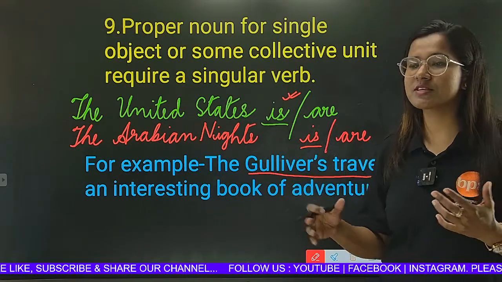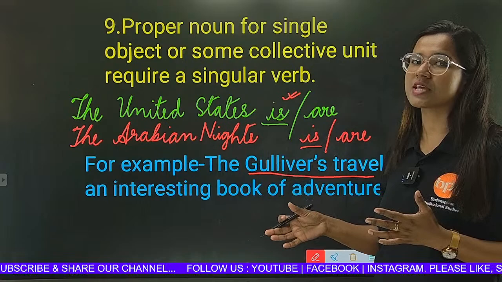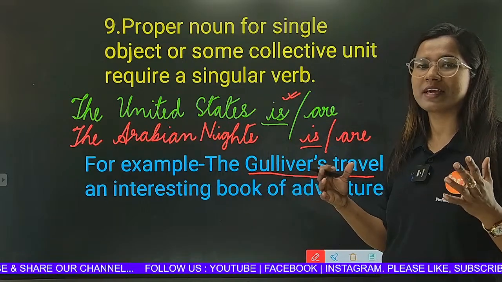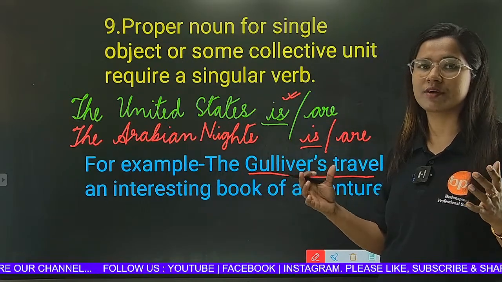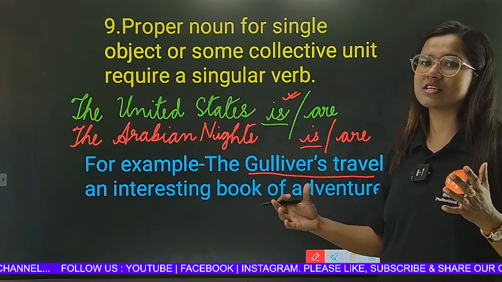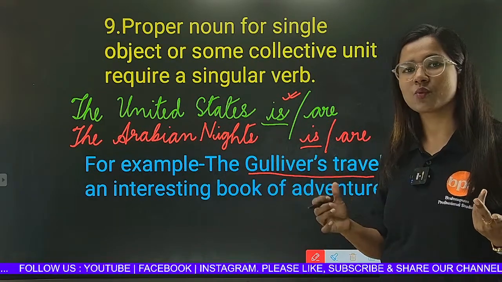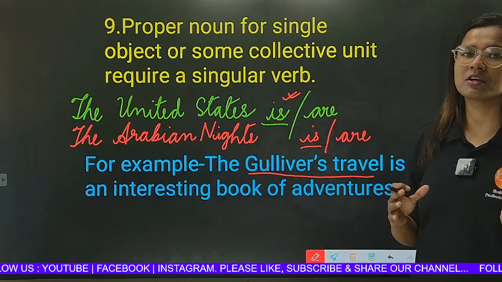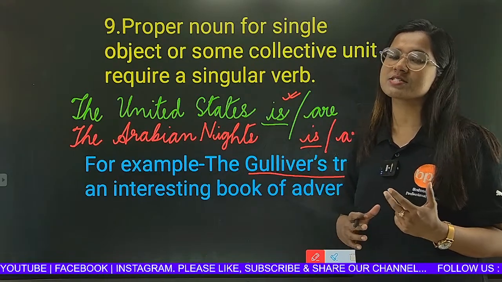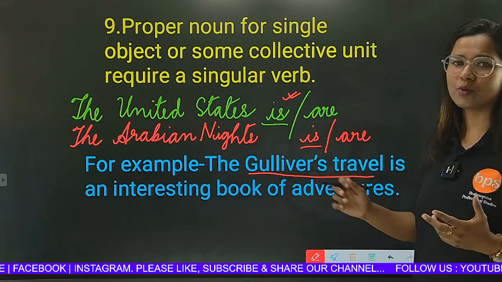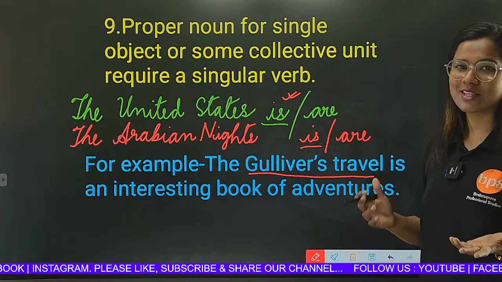The description is given in the book, but we cannot say that the book has a lot of contents or has a lot of parts. It is not referring to the parts. So we will put here the singular form of verb, that is. Hope you all understood this rule or this law.